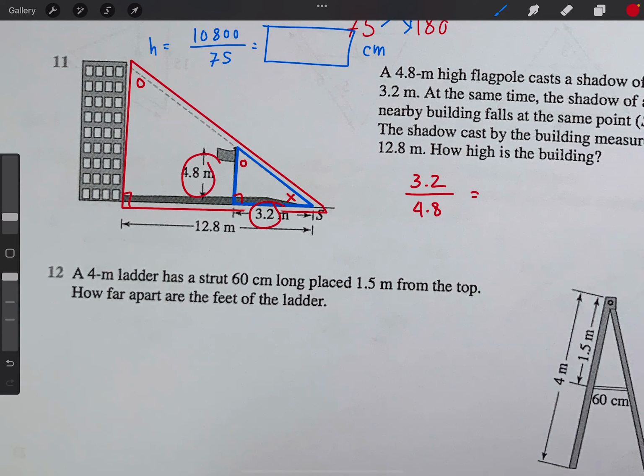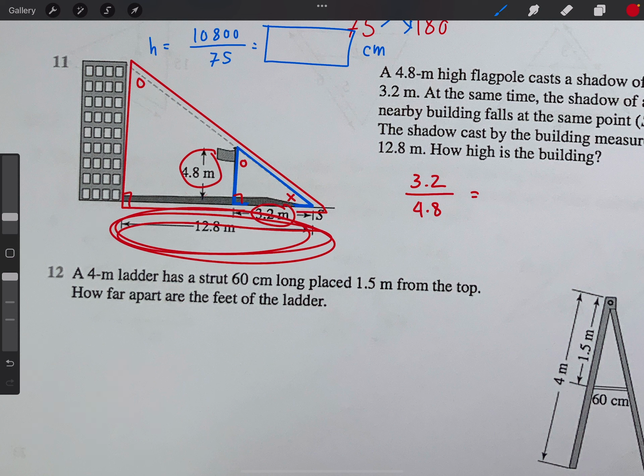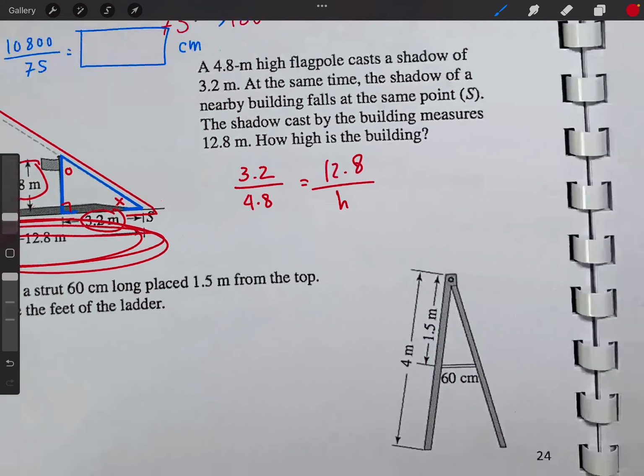Now let's look at the big triangle. So the bottom number of the big triangle is 12.8 divided by the height of the building, which we don't know. Let's call it H.